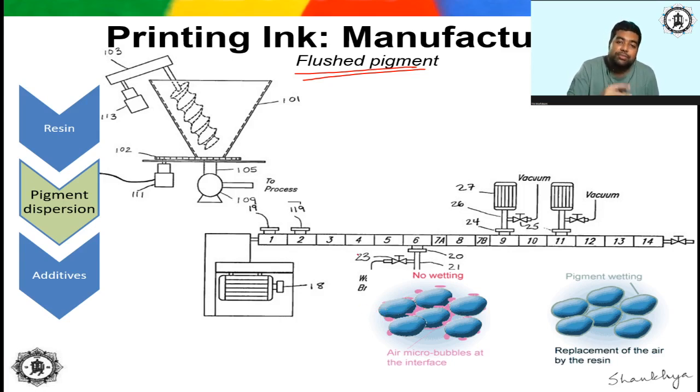Now, just before finishing the process, through a vacuum chamber, this water is sucked off. So what does that mean? The pigment which was initially very difficult for us to disperse, because it was surrounded by air on all sides, now has no air, and any remaining water will be sucked off through vacuum.